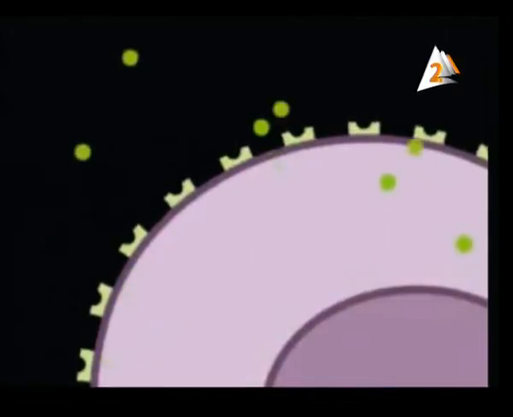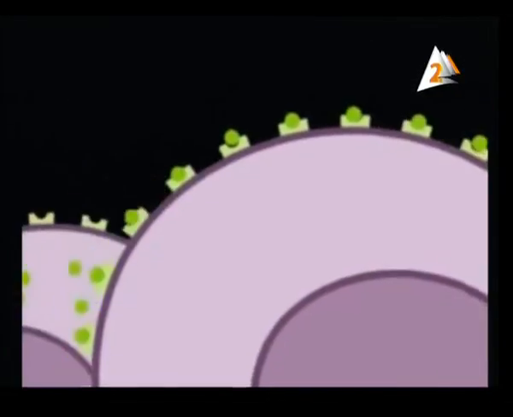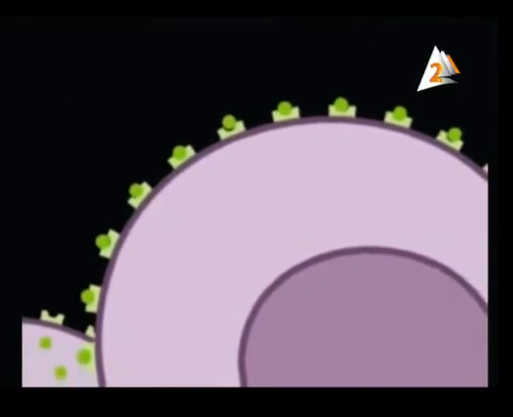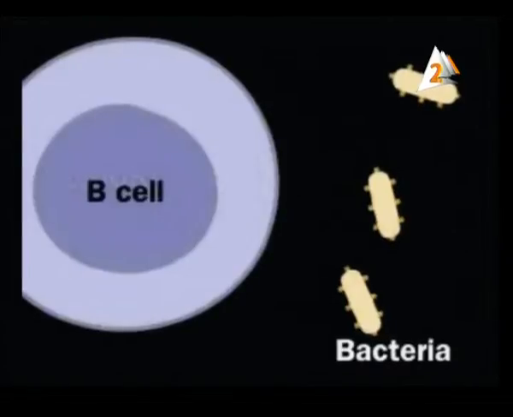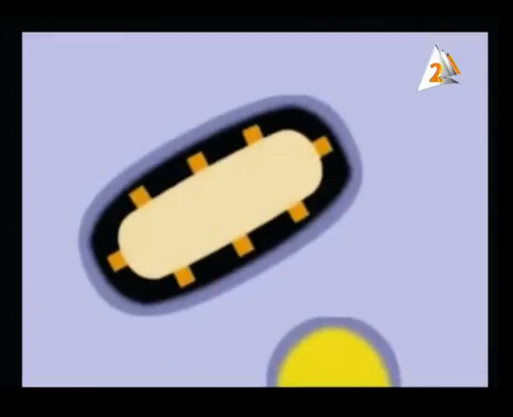The second, what is the role of the macrophage in this humoral or antibody immunity? At the same time, the macrophage engulfs the antigen and digests it by its lysosomal enzymes into fragments.